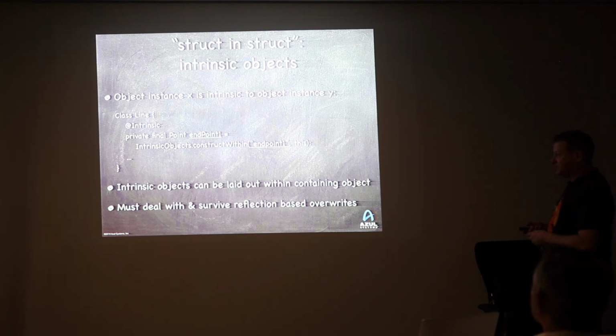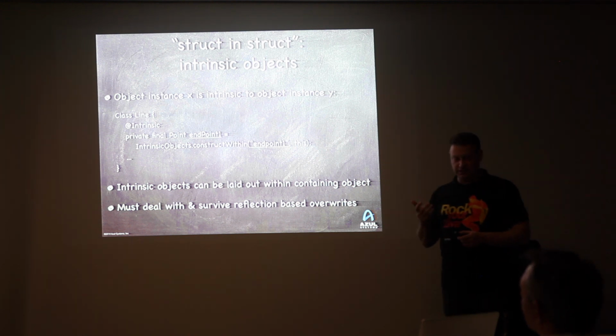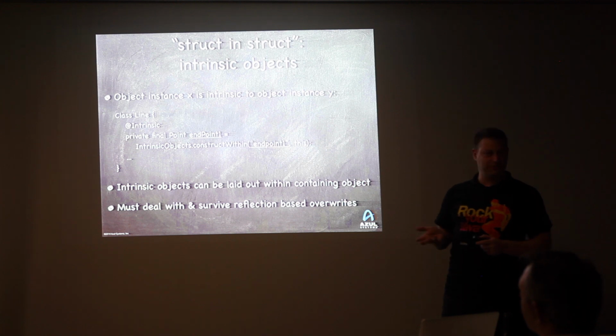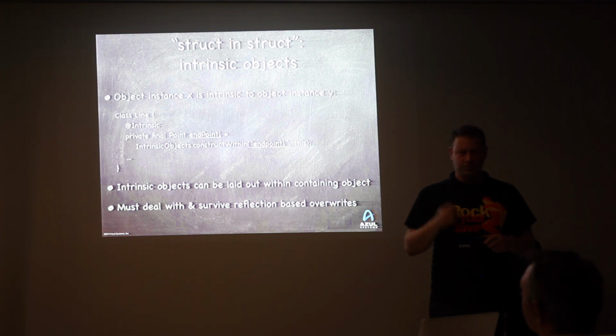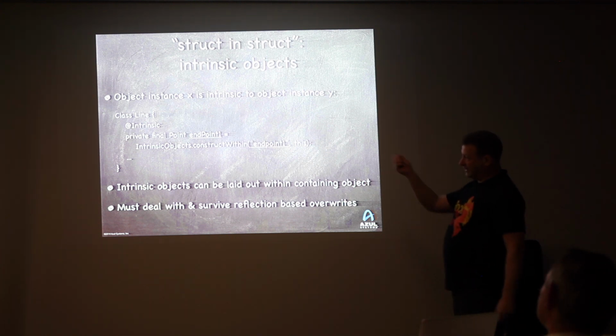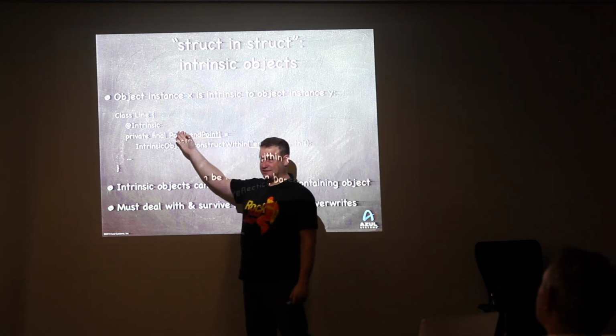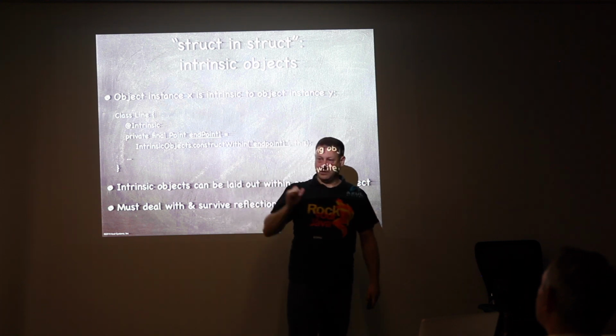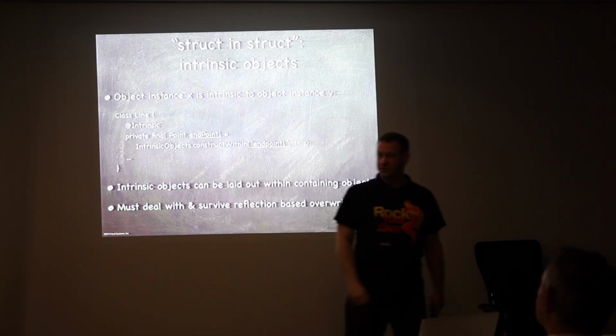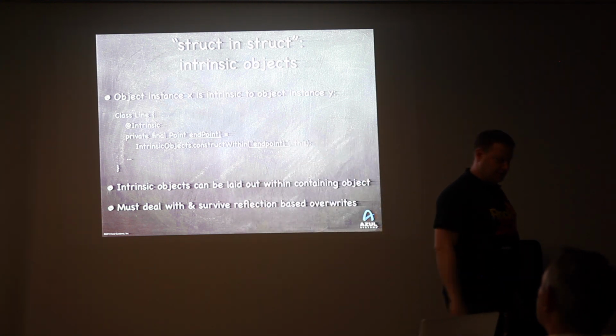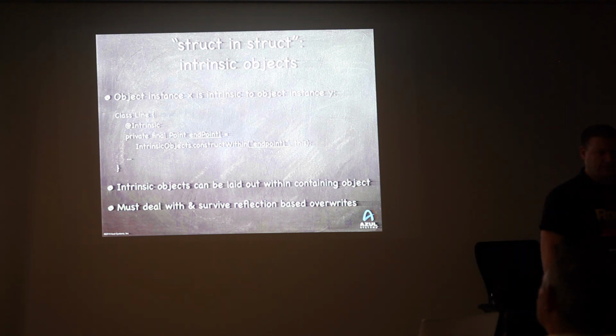Now, this last point is important. We need to deal with and survive the fact that you can mess with this. Using reflection, you can get hold of that field and you can override it. You can make it accessible even though it's private and even though it's final, and you can write in a final field in Java. That's an unfortunate historic artifact of serialization.